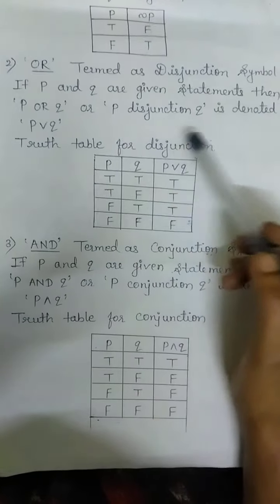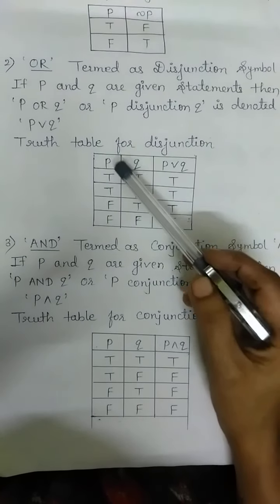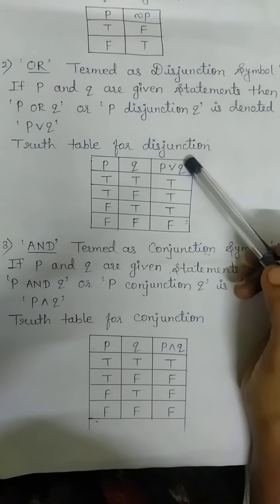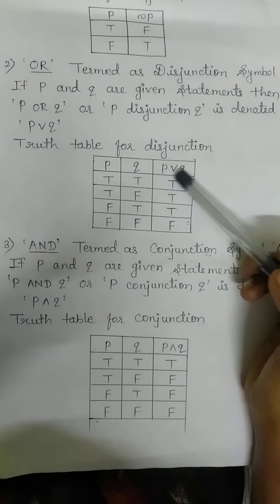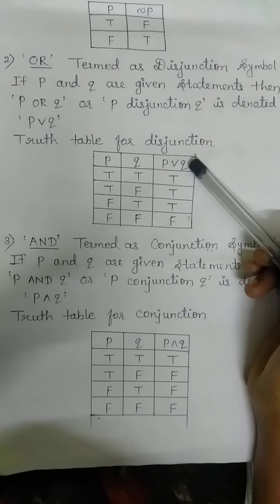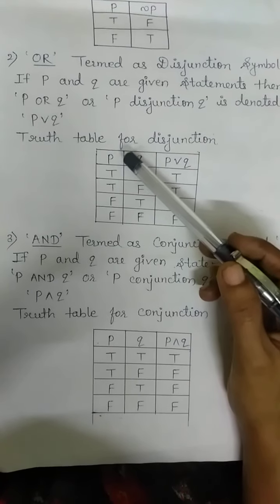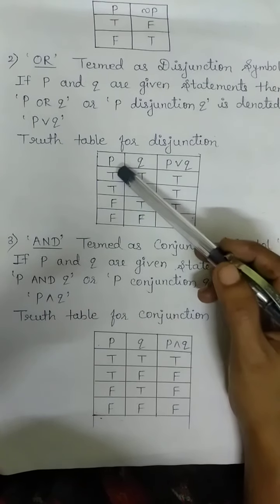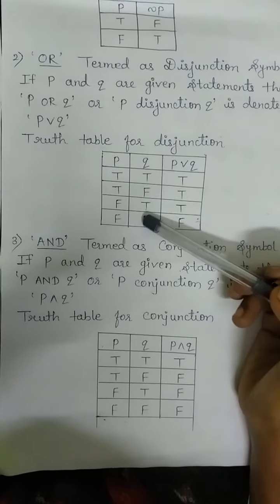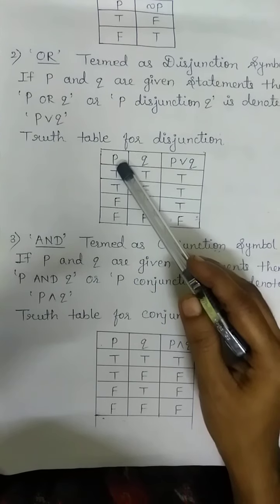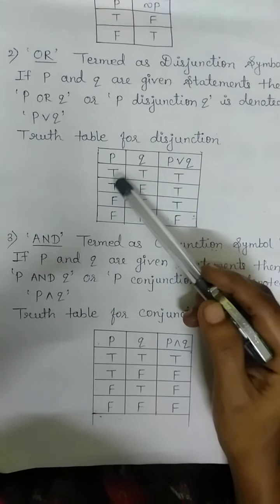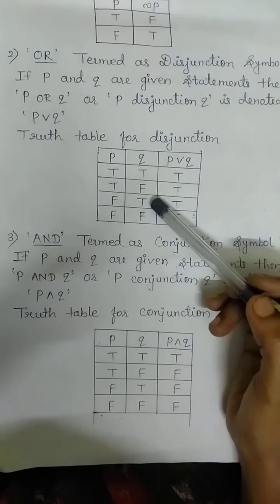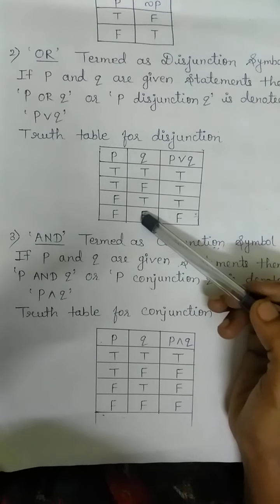Truth table for disjunction. First statement is P, second is Q, and disjunction of that two statements, that is P or Q. Now here we consider all possible values of P and Q. So we consider when P is true, Q is true, then P is true, Q is false, P is false, Q is true, and when both are false.